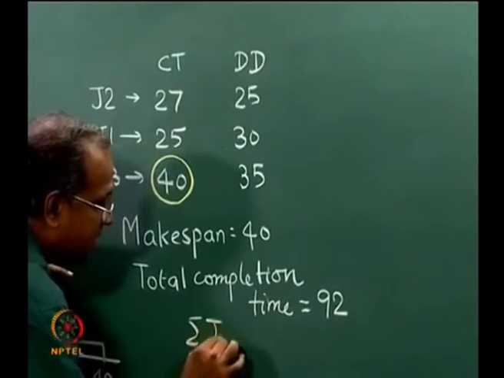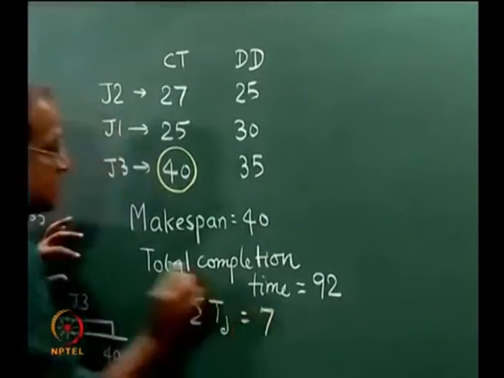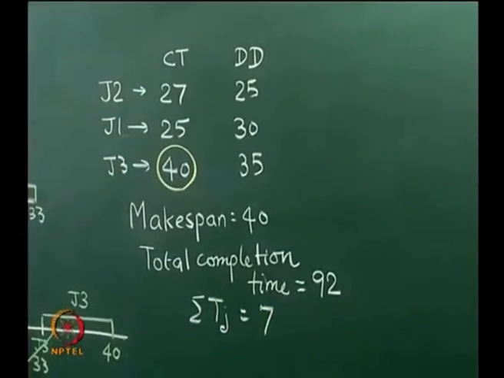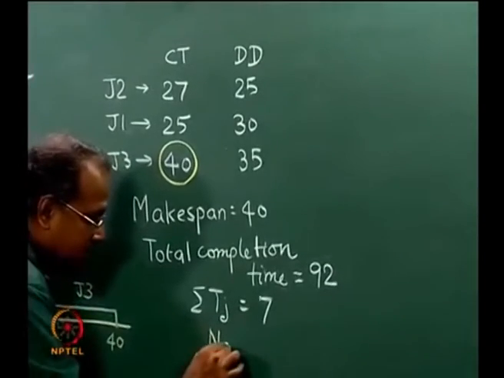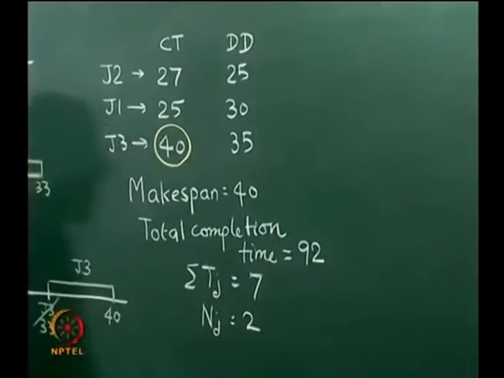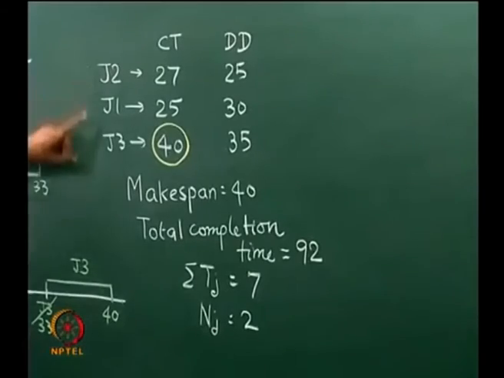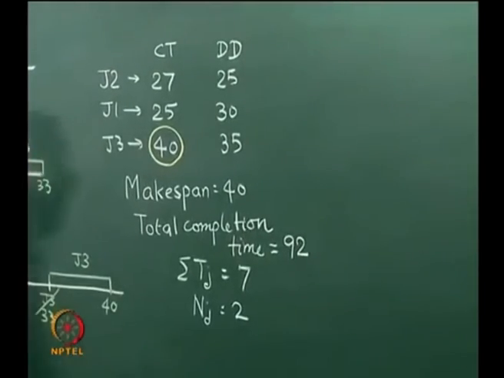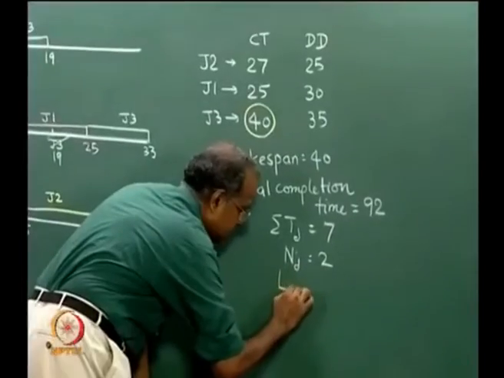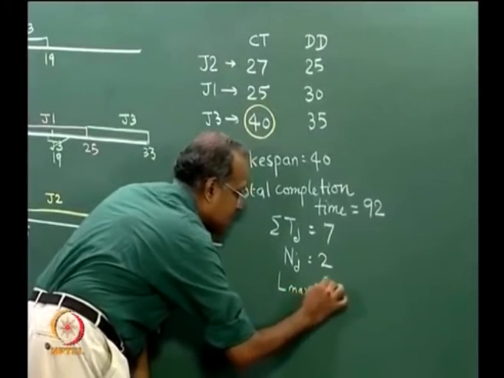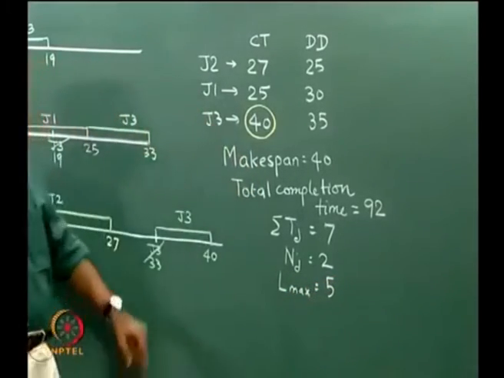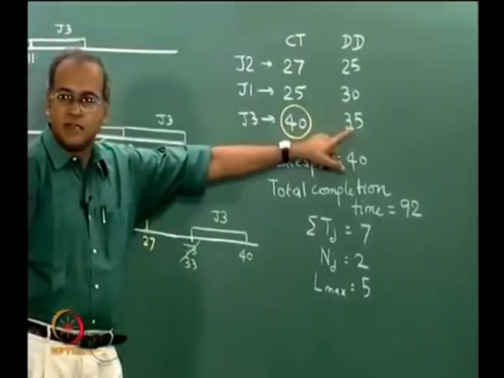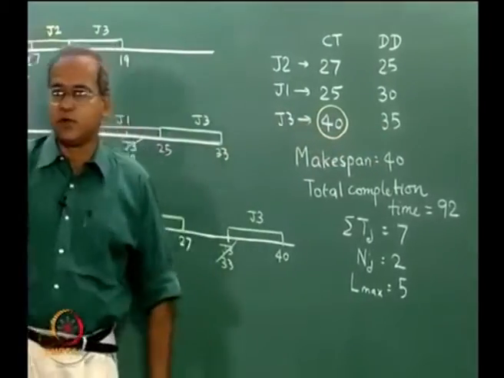So, sigma Tj total tardiness will be 7. Number of tardy jobs Nj will be 2, because this is tardy, this is also tardy. Maximum tardiness, which is usually called L max, will be equal to 5, because the due date is 35, completion time is 40.